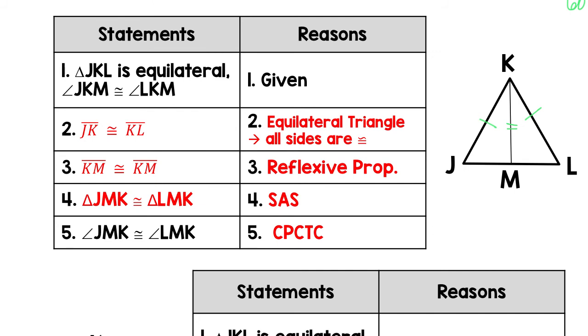Now, since JKM is congruent to LKM, we have a side angle side congruence. But we want to prove that angle JMK is congruent to angle LMK. Well, that's because congruent parts of congruent triangles are congruent.